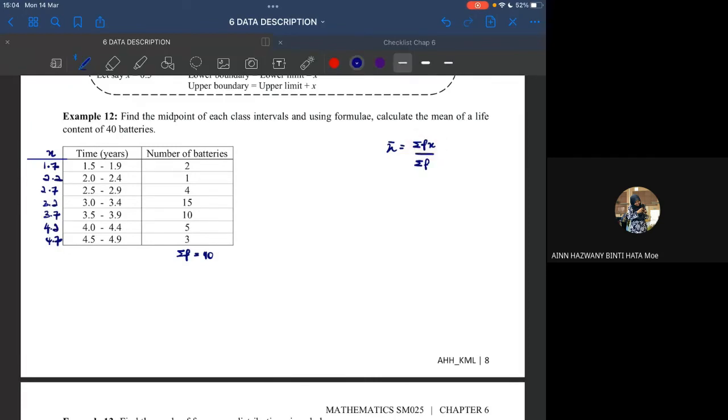So satu lagi column yang kita kena tambah dekat kita punya table ialah F multiply by X dekat sini.